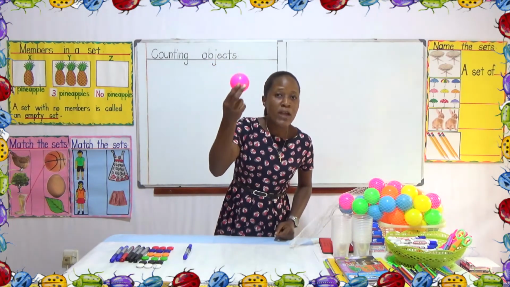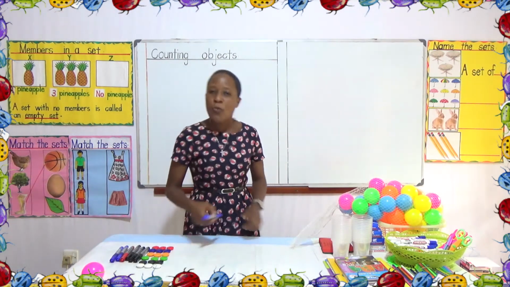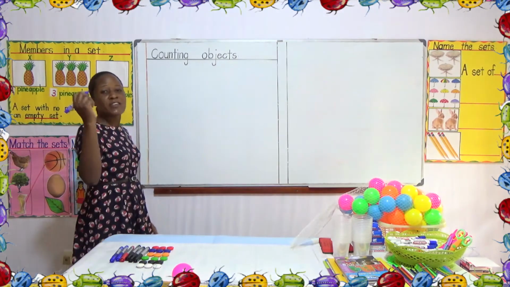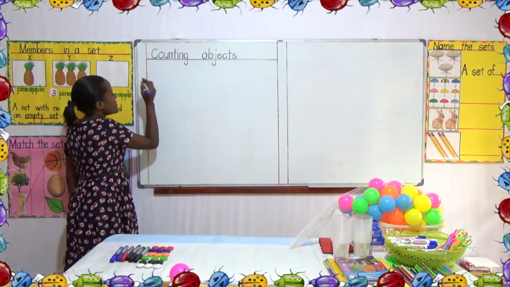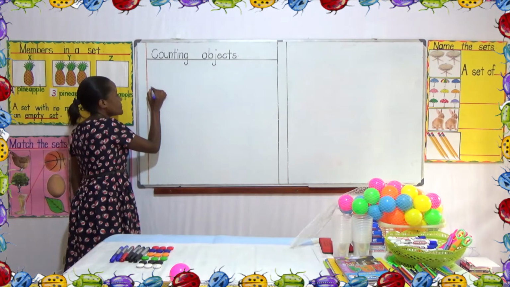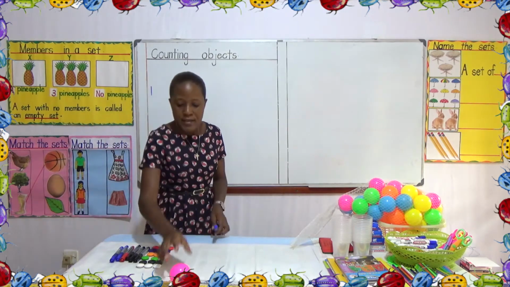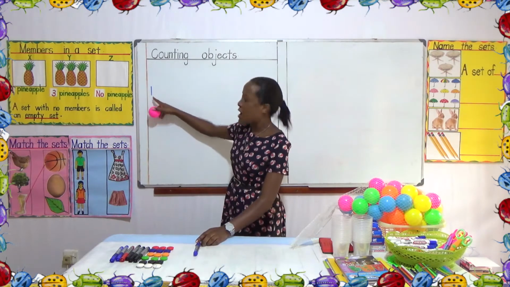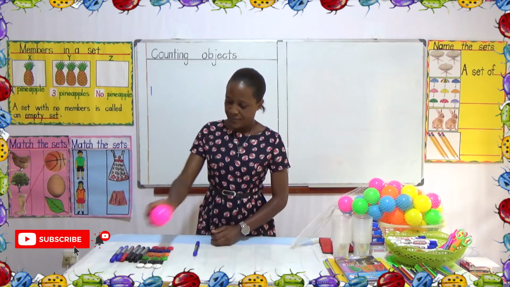So I will write 1. And how do we write 1? 1 is written just like this. That is 1. It is one ball, so I will write 1, okay?